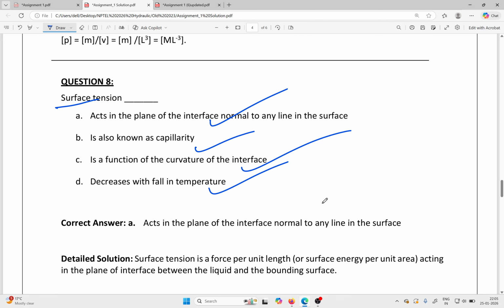The surface tension is a force per unit length. The surface tension is force, Newton per meter, the force per unit length, or surface energy per unit area, you can say.